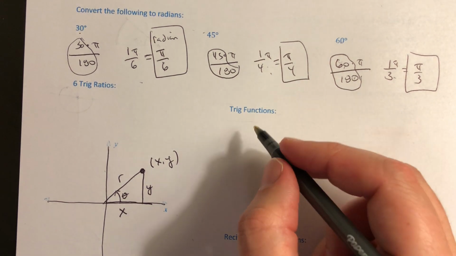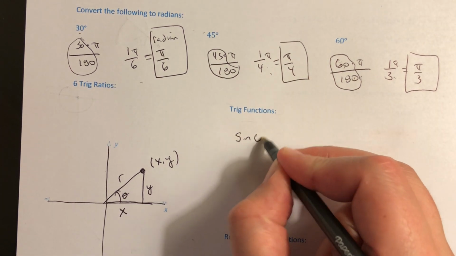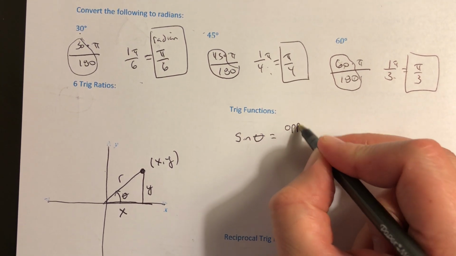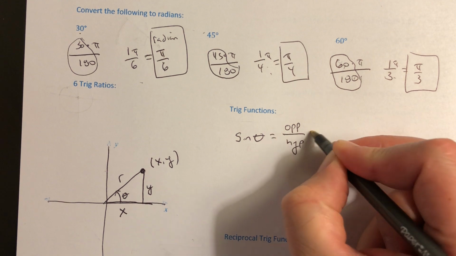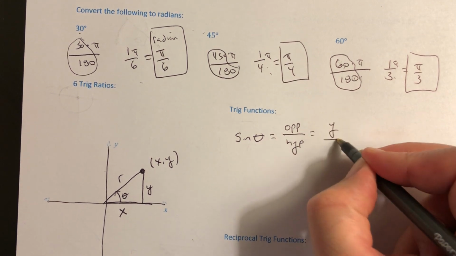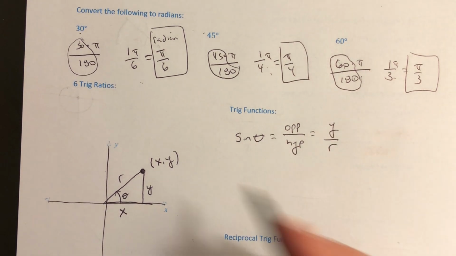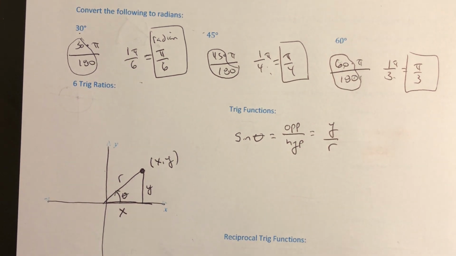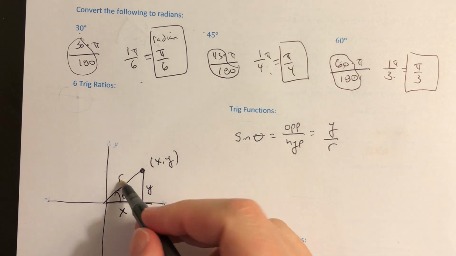So what we learned is that sine of theta is equal to opposite over hypotenuse, which is our y coordinate over our r. Now, I want to talk about r a little bit really quickly because we kind of arbitrarily started calling that r.